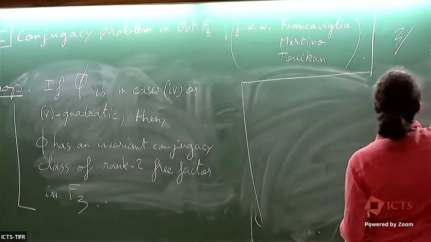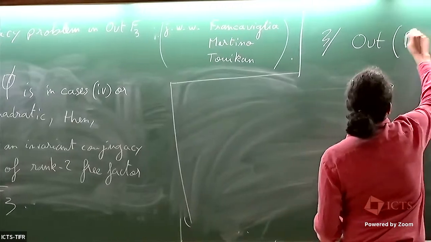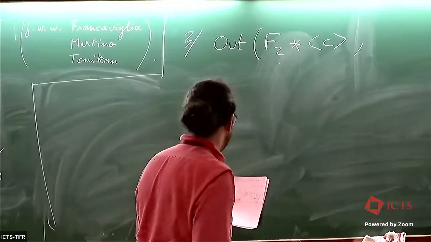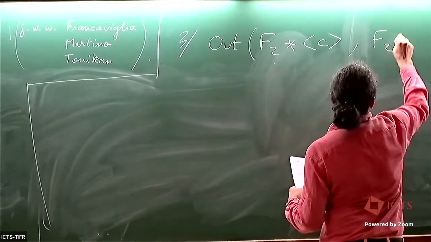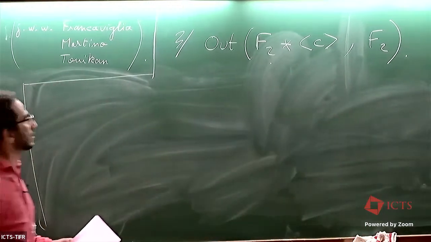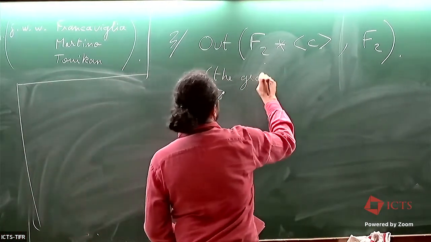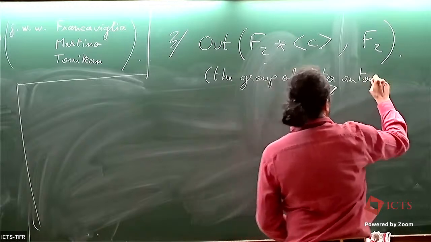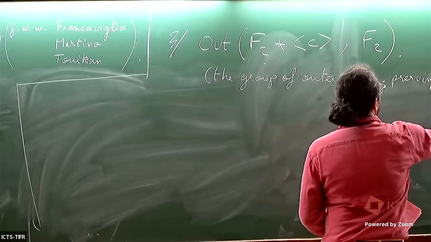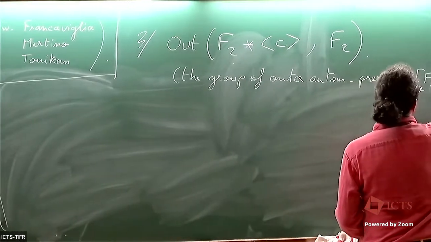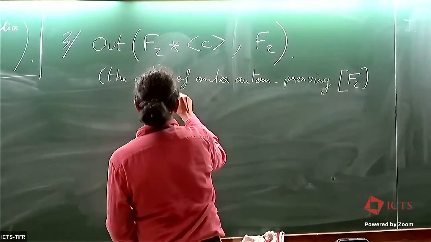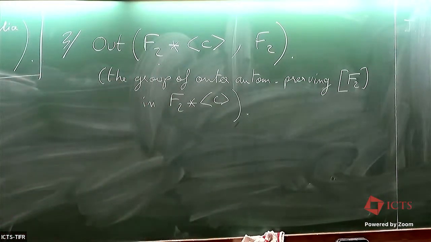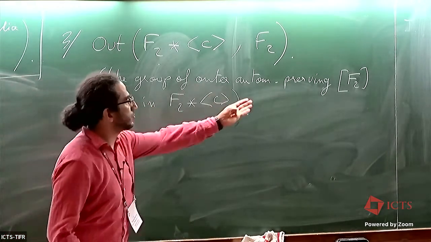Well, I will talk about now Out of F2 star C, preserving the conjugacy class of F2. Okay, I'm looking at the outer automorphisms preserving the conjugacy class.